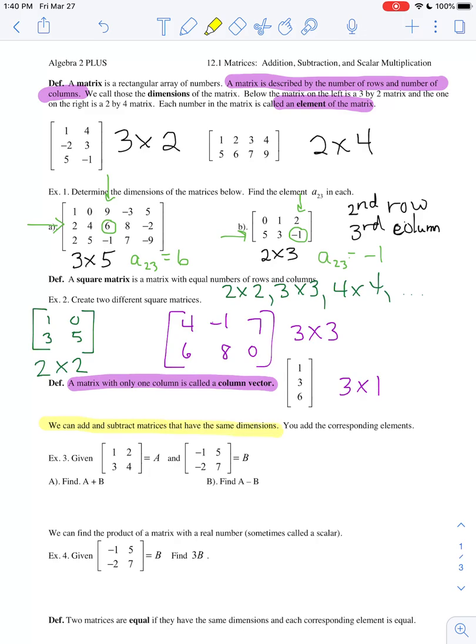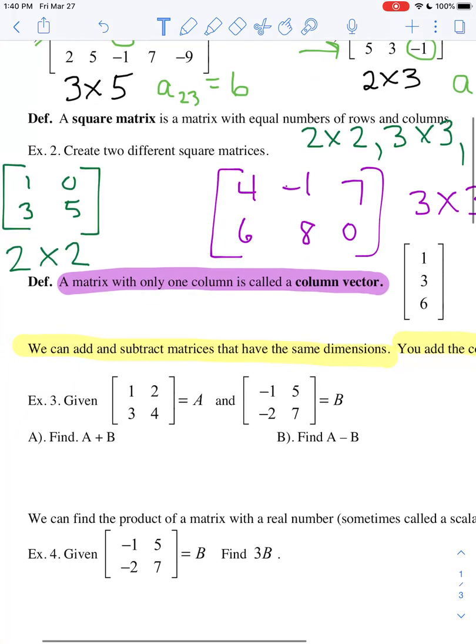All right, you can add and subtract matrices, but they have to have the same dimensions. All you do is add the corresponding elements. For example, if matrix A is 1, 2, 3, 4, and we do read them by rows, and matrix B is -1, 5, -2, 7.